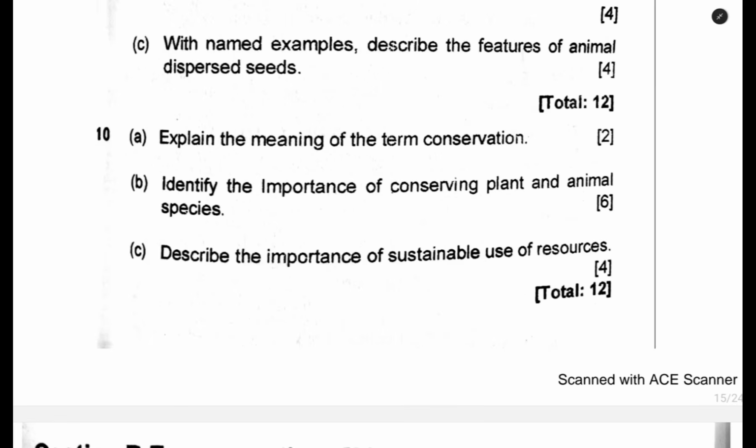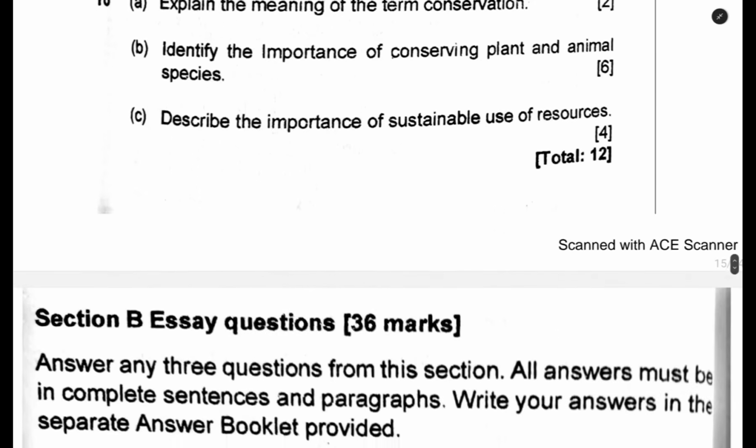Let us add soil and also population. Population was there last year, so this time around, look out for biodiversity, look out for soil, look out for population, and all those pollutions. Those are the topics that you might expect on this particular part.